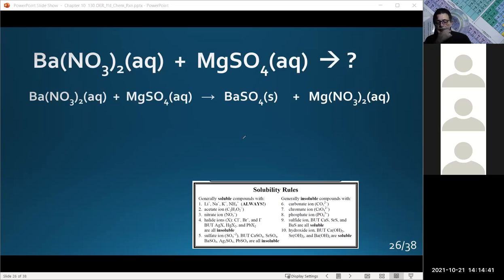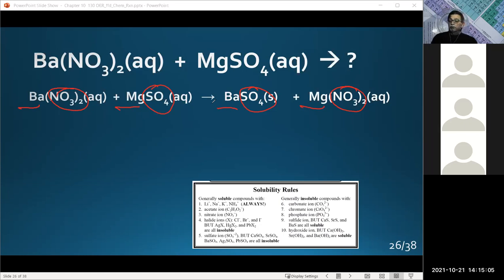All right, let's double check. Are we balanced? Well, we got a sulfate here, 1 sulfate here. We're balanced. Balance these by following the polyatomic ions, okay? Nitrates, we've got 2 nitrates here. Guess what? We got 2 nitrates here. 1 magnesium, 1 barium, 1 barium.